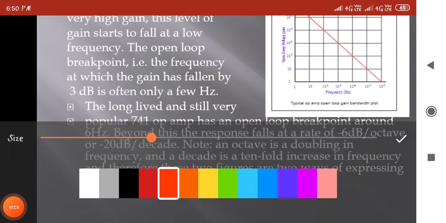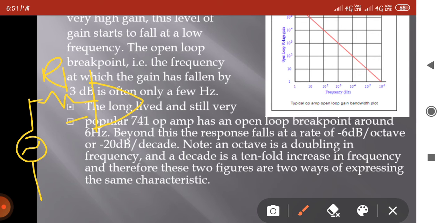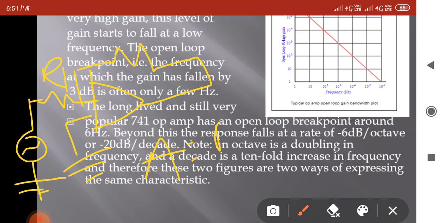For example, if you have 20 dB, that is what is referred to. This is a circuit I have already explained. How does minus 20 dB come? A equals minus RF by R1.